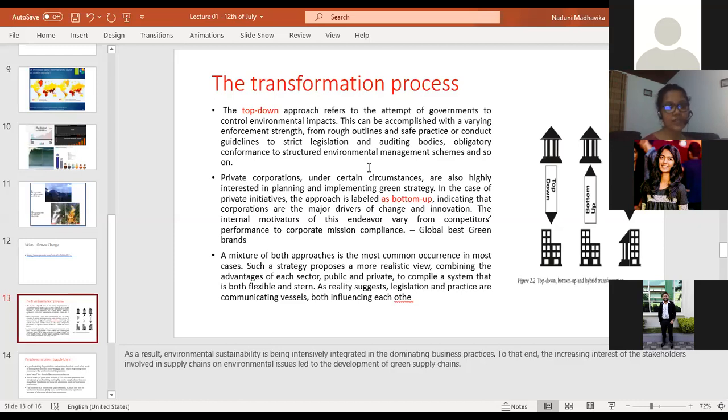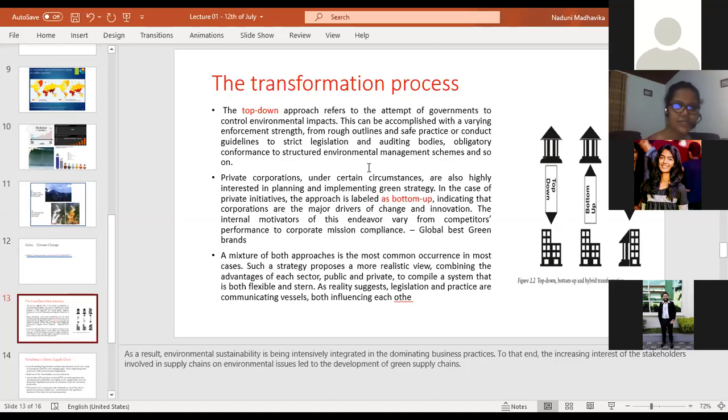They have taken strict legislation and formed auditing bodies and obligatory conformers to structured environmental management schemes and so on. So there is pressure coming from the government to the business organization. That particular pressure we call the top-down approach. This has been one approach in the transformation from traditional supply chain to green supply chain. The next one is the private corporations.